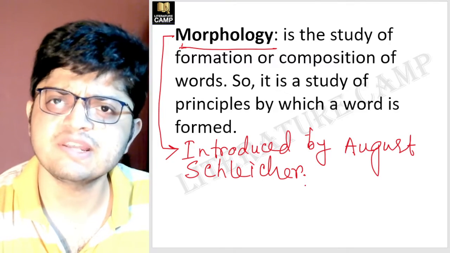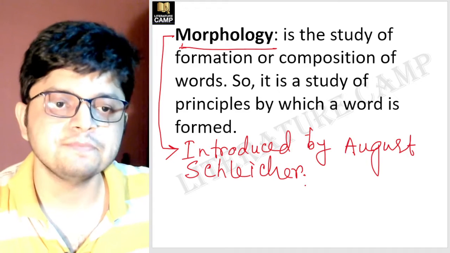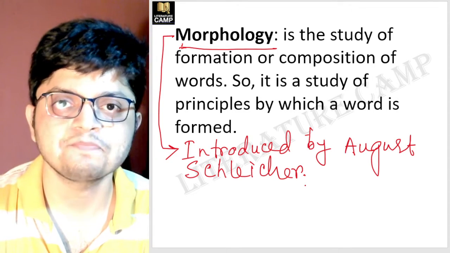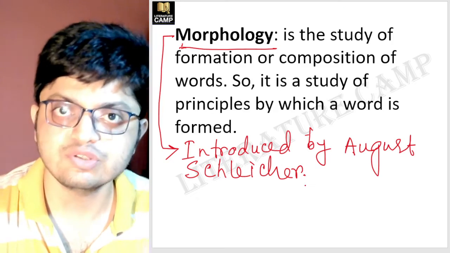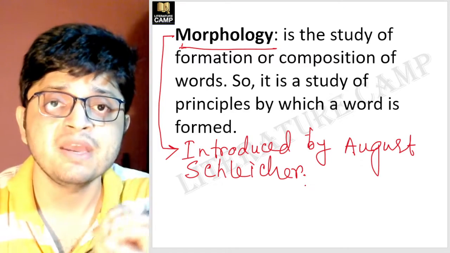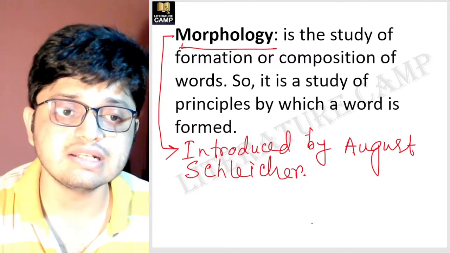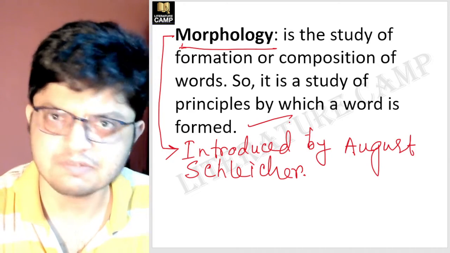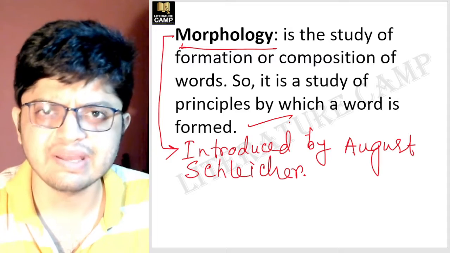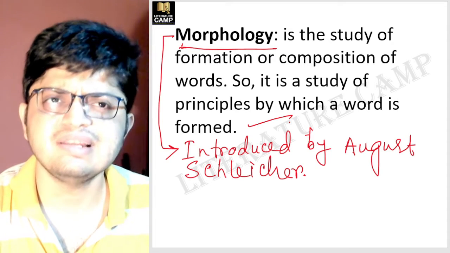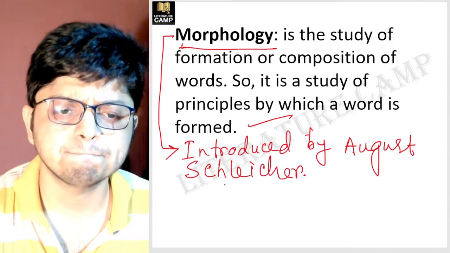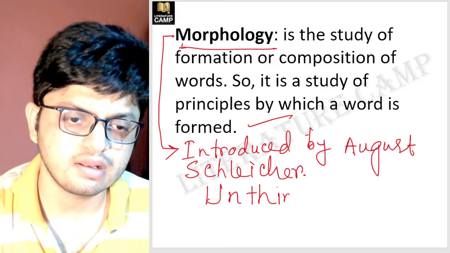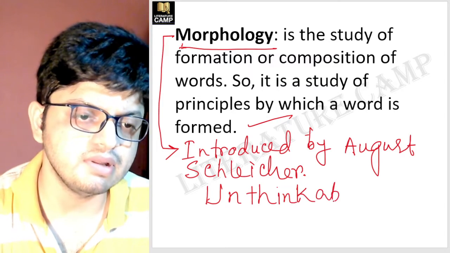So what is morphology then? Morphology is the study of formation or composition of words. So it is the study of principles by which a word is made, a word is formed. Let me give an example to make it clear. Let's take a word, unthinkable.